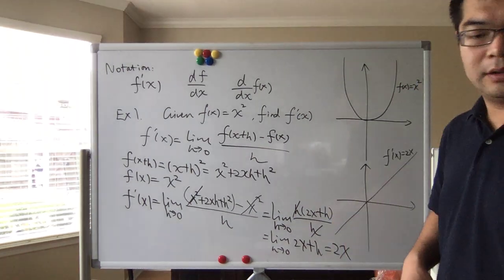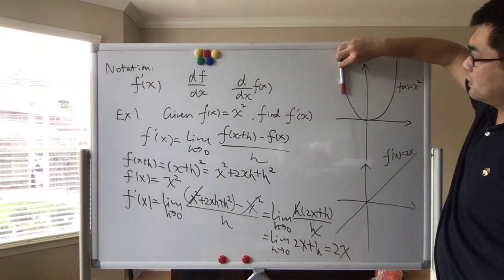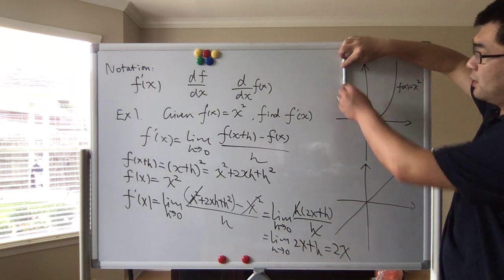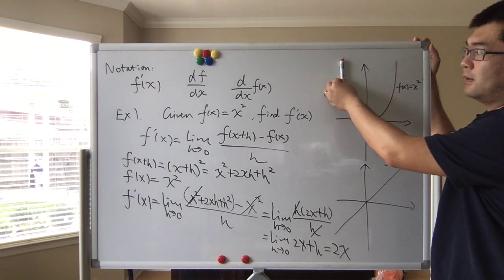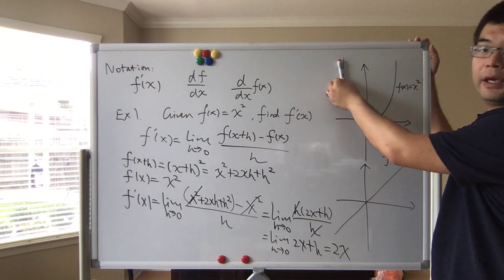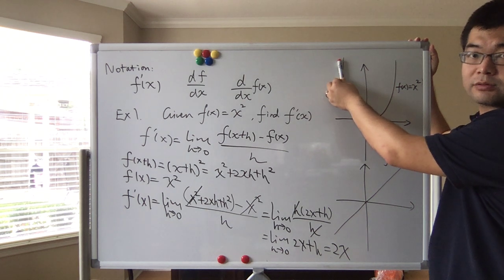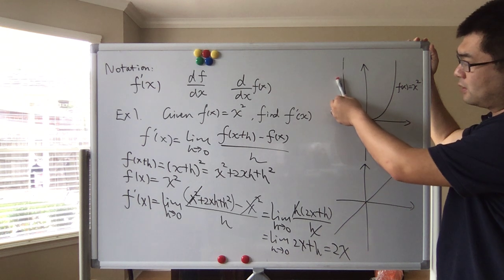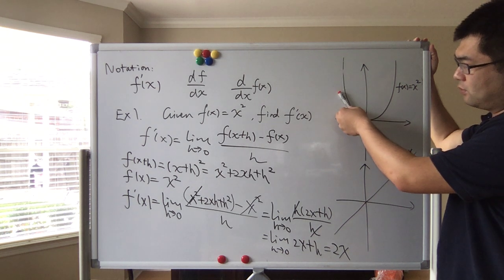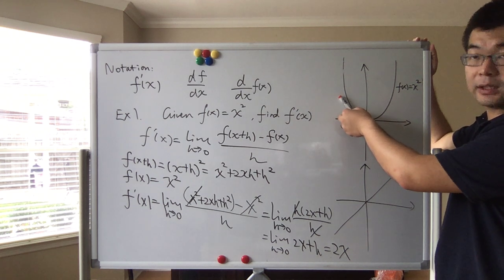If I start at some place here and draw the slope of the tangent line, that slope is going to be very negative, like negative 100 or something. Then as x becomes larger and larger, you see that the slope of the tangent line is increasing, although it's still negative.